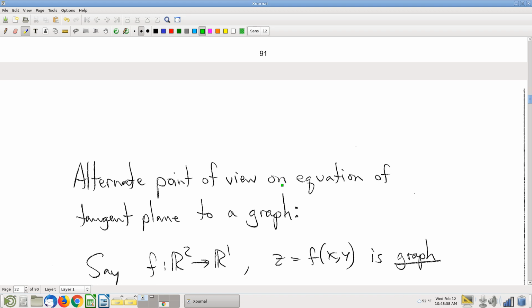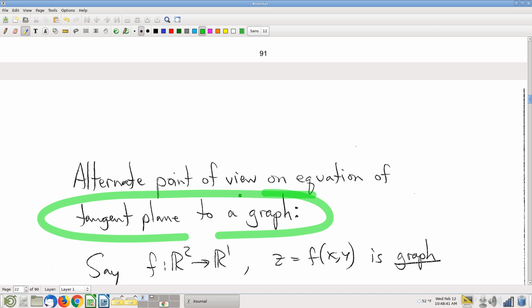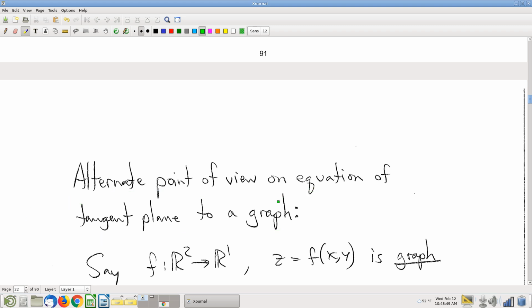Let's talk about the tangent plane to a graph. We've already done this, right? We took a partial derivatives point of view on finding a tangent plane to the graph, and the argument that we made was, well, let's find a linear approximation, L, from R2 to R1. The linear approximation mimics f in terms of values, but also partial derivatives.